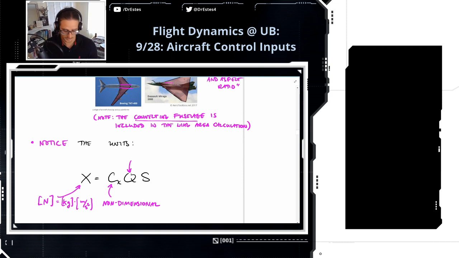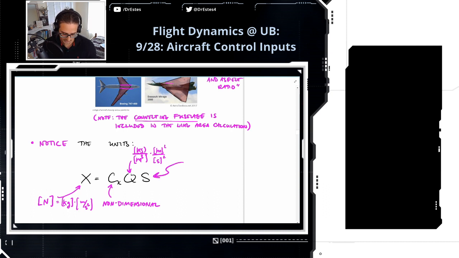So that's dynamic pressure, which was a density, kilogram per meter cubed. And then it was multiplied by a velocity squared. So we got meters squared over seconds squared.